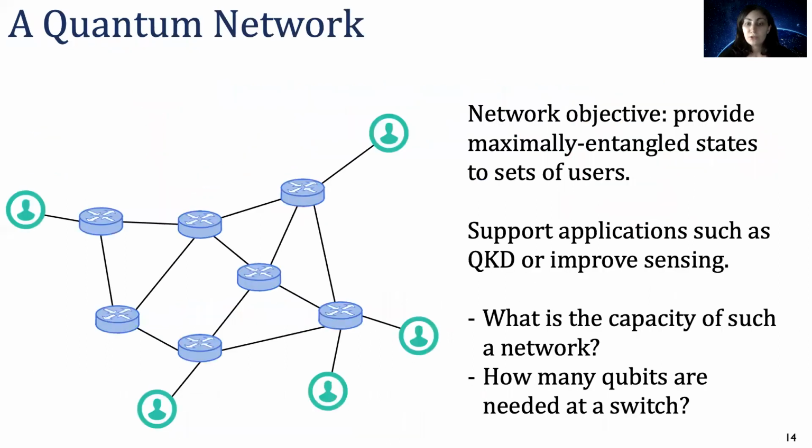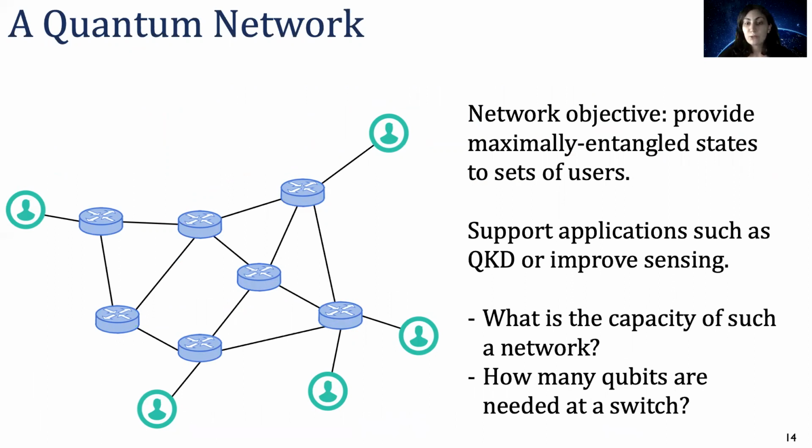Future quantum networks will consist of many quantum repeaters whose objective will be to provide entangled states to sets of users who request them. Such networks will support applications such as quantum key distribution or will be used to improve sensing. Since each device may be connected to many other devices and users, it's reasonable to assume that the devices will be equipped with entanglement switching logic.